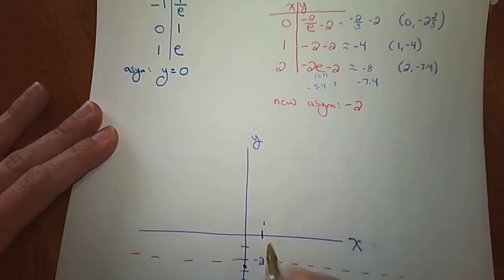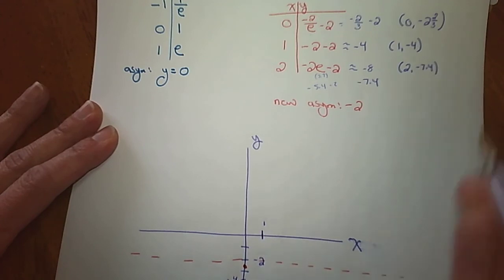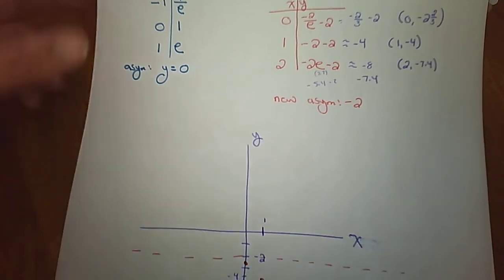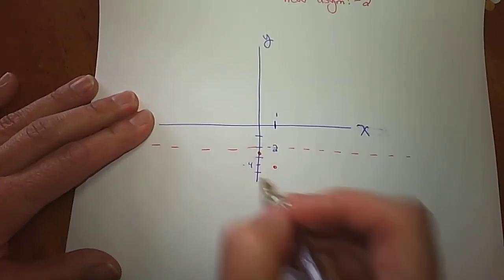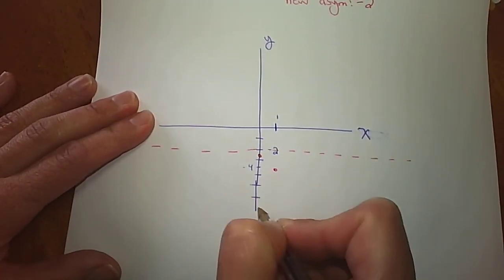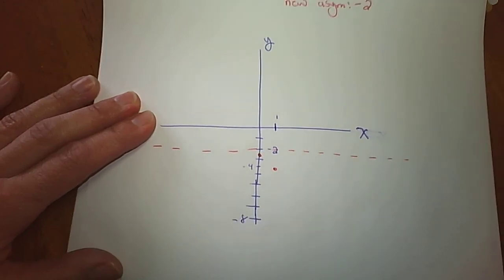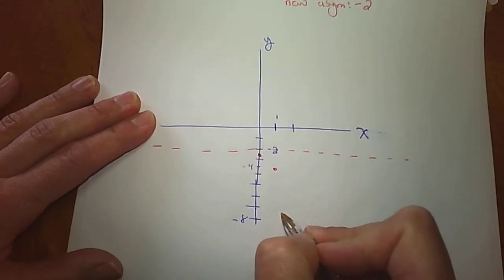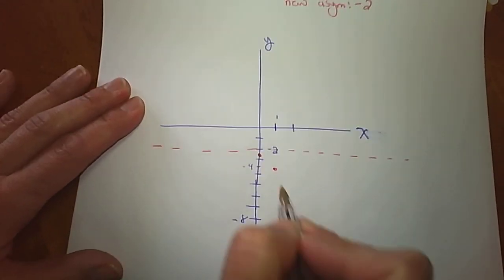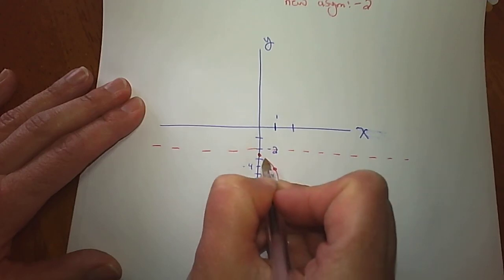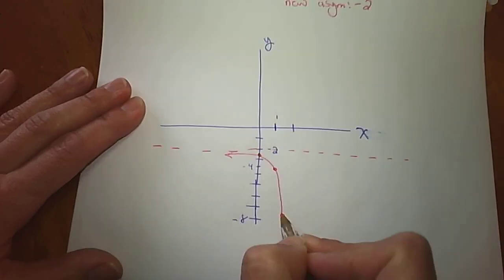There's 1. 1, 2, 3, there's negative 4. Didn't scale it very well. And then 2, and negative 8, so it's 2 and right about there. So that means it's going to look like that.